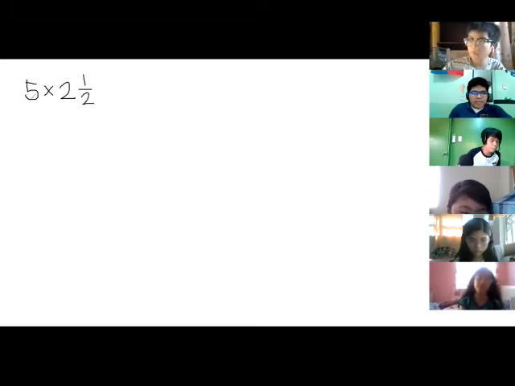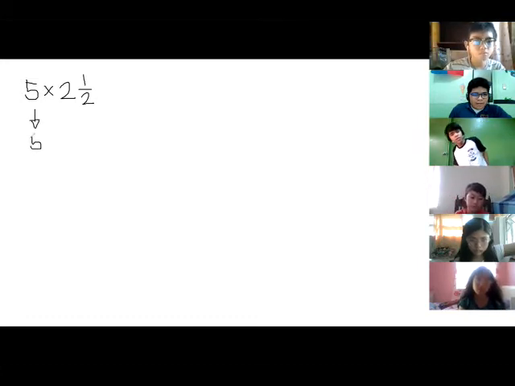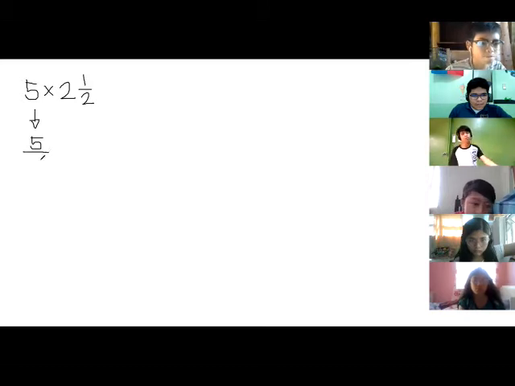Meron siya another example, at nag-multiply siya ng whole number, which is 5. This time, it's 5 times 2 and 1 half. So, ang gagawin natin dito, yung 5, gusto natin mangyari, maging 5 over 1.